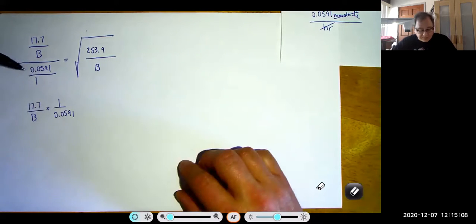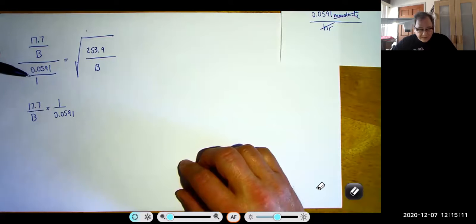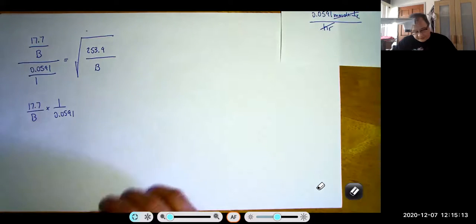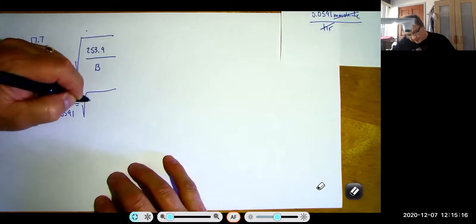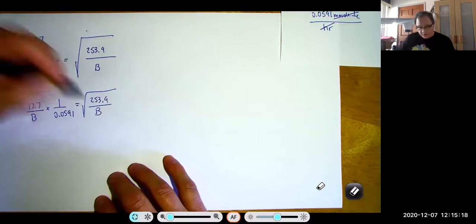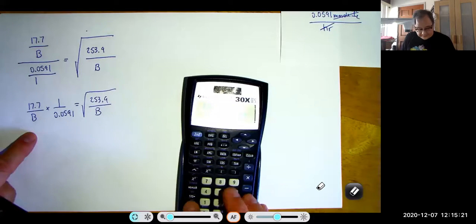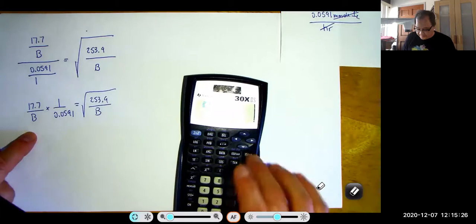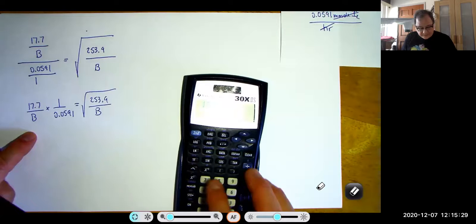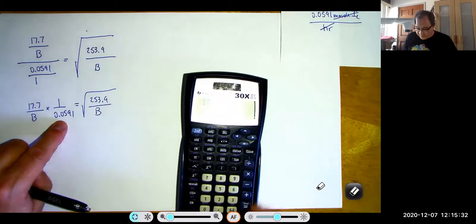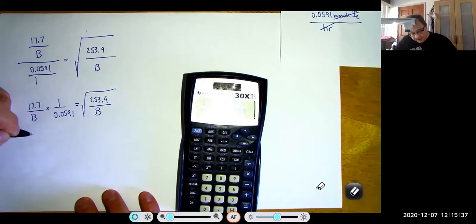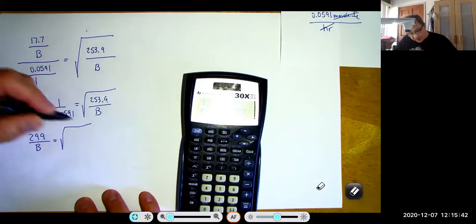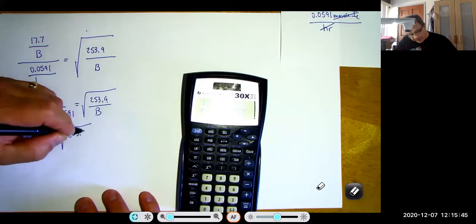You may remember this from algebra. You can take the denominator and invert it and multiply it by the numerator. So here, what we're going to get is 17.7 divided by 0.0591. And this should end up being a pretty large number. So we get 299 over B is equal to the square root of 253.9 over B.